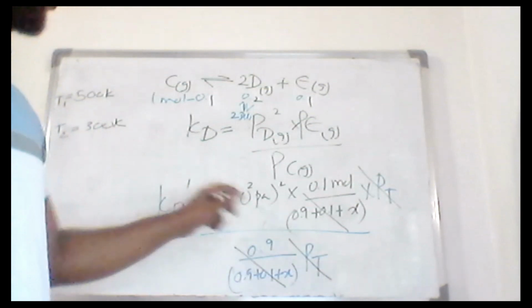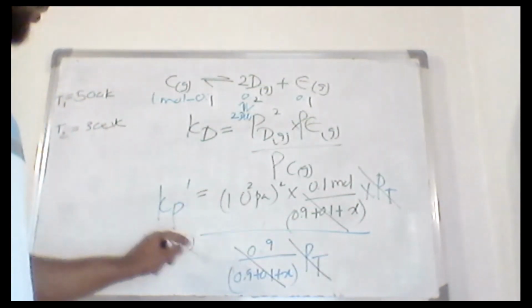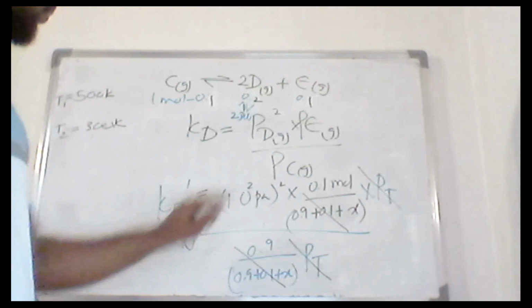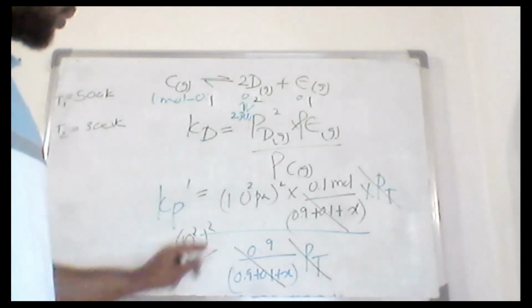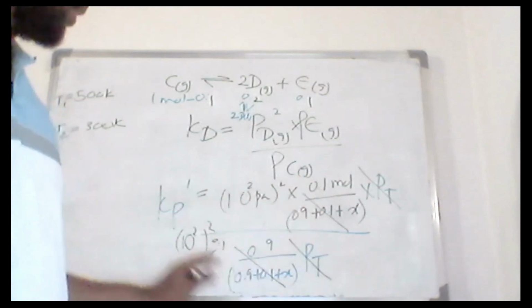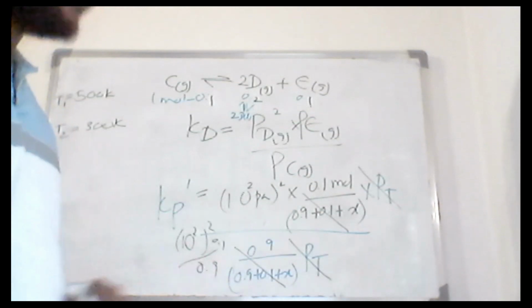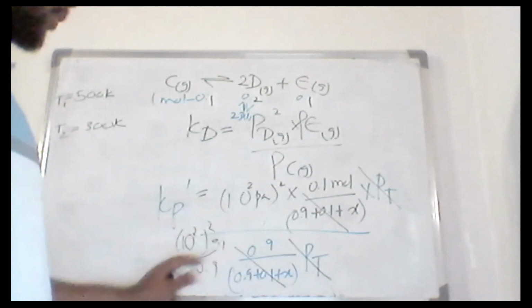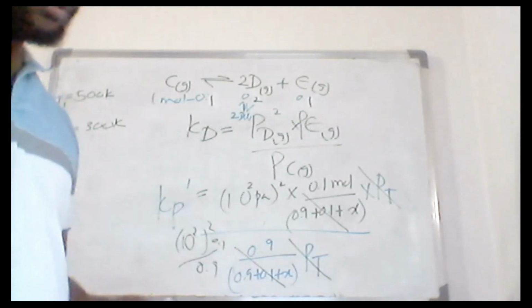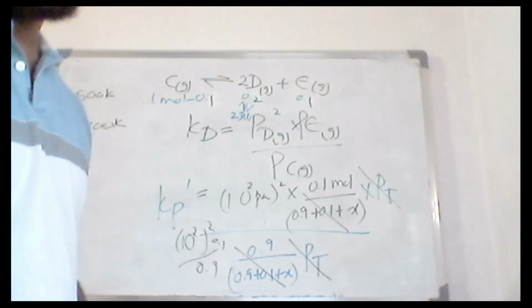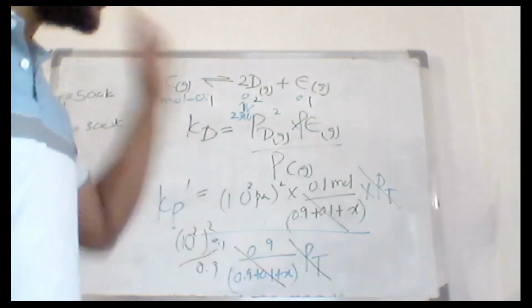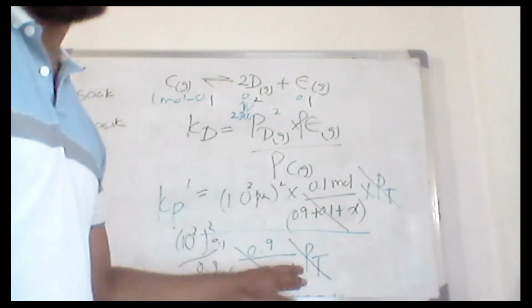So you are only going to remain with 10 to the power 2 squared over, there will be a 0.1 here and 0.9 here. Basically 10 to the power 2 squared over 9. Okay. So using that, you can find Kp. Okay. So this is the simplest and easiest way to identify this particular question.